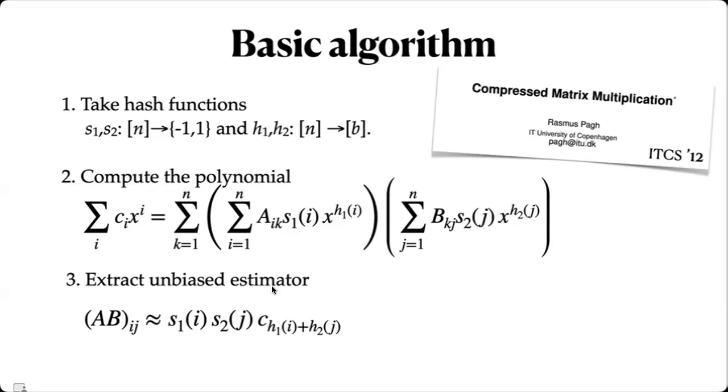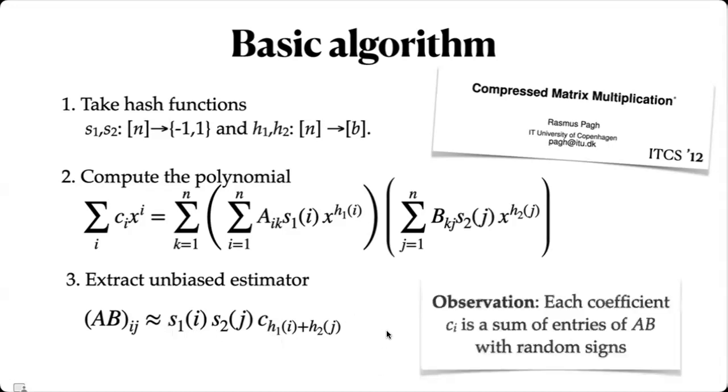To do that, we locate a particular entry in this polynomial, namely the coefficient of x to the power h1(i) plus h2(j). And we multiply that by the product of the sign functions s1(i) times s2(j). So let's see why this is actually unbiased.